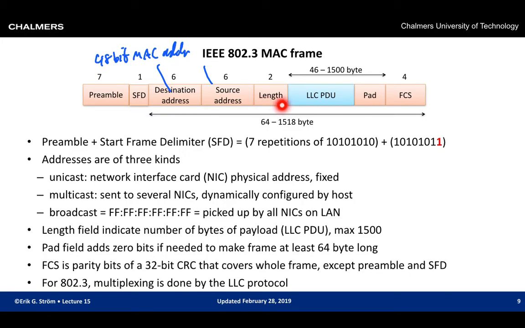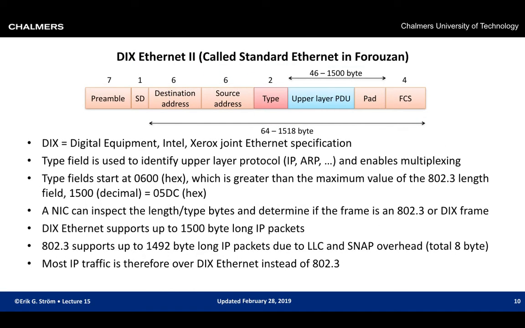If these 2 bytes are less than 1500, it's an 802.3 frame. If these 2 bytes are larger than 1500, it's a DIX Ethernet frame. Okay. So both of these frames can exist on the medium at the same time, and the network interface card can just look at these 2 bytes and determine which frame version it has at the moment.